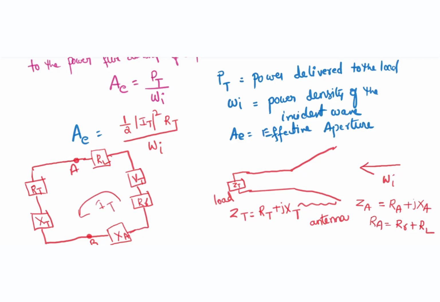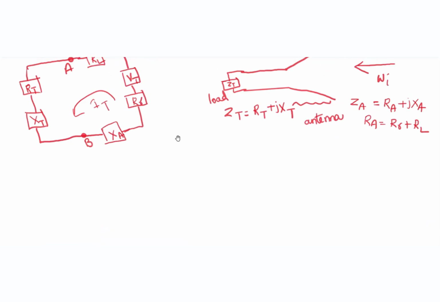Okay. So what will happen? If you write IT is equal to, what is the total voltage here? Vt by, what are the total resistors? RT plus RR plus RL plus J of XA plus XT.